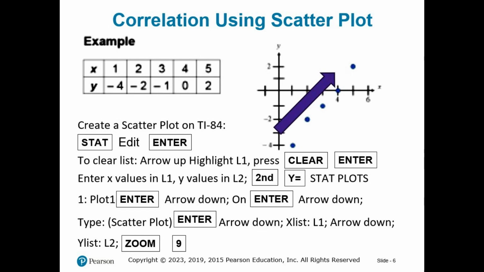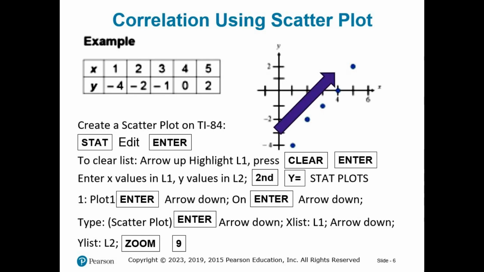Next, you're going to arrow down and select the type of graph you want, which is the scatter plot with the individual dots. Press Enter to select it. Then arrow down if needed to select L1 for the X list and L2 for the Y list. You may have to do that a couple of different ways. Some people may have to do the second button and the number 1.